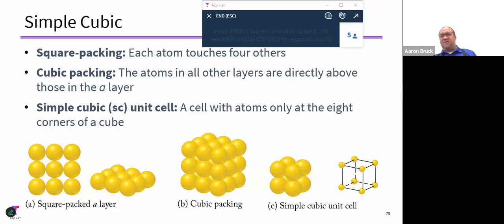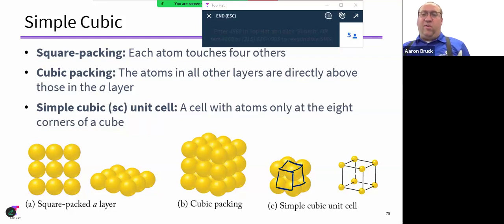The unit cell for this looks like this over here, where if I were to try to overlay it onto this, I would have just a simple cube where at every corner of the cube, I've got an atom.